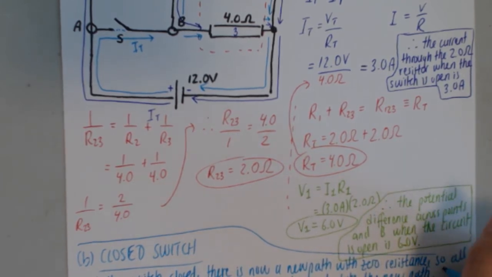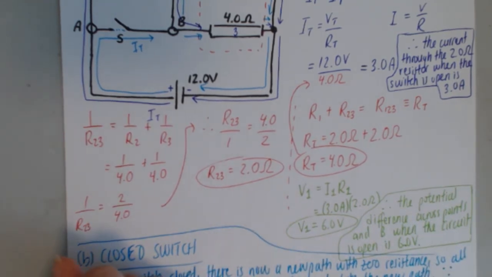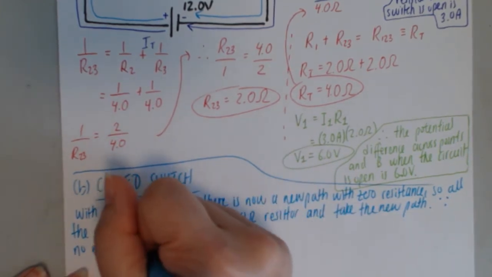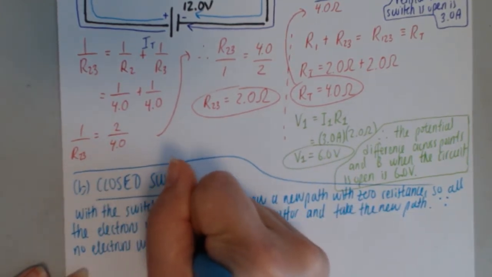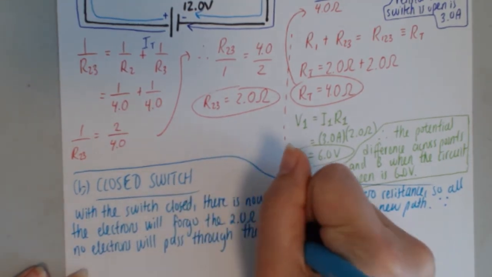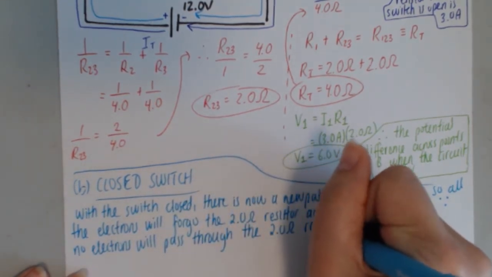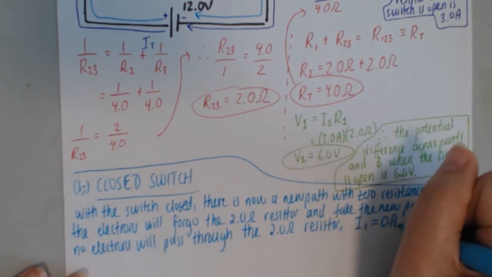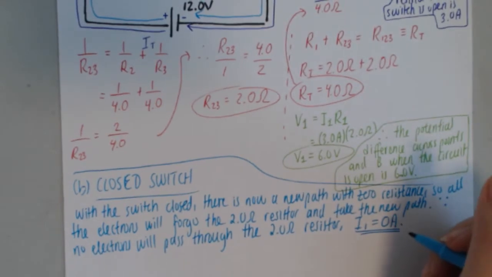Okay, so since no electrons will pass through the 2 ohm resistor, I1 equals 0 amperes. All right, it's just pretty logical. Nothing's moving through, there's no current.